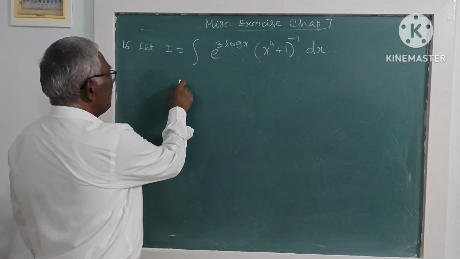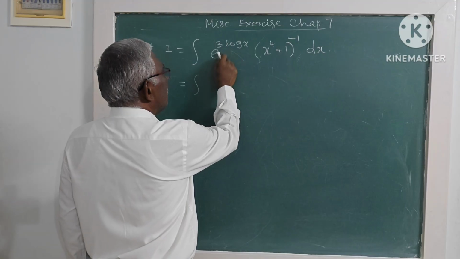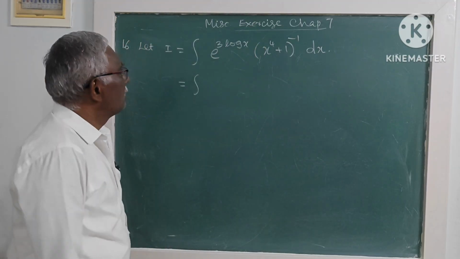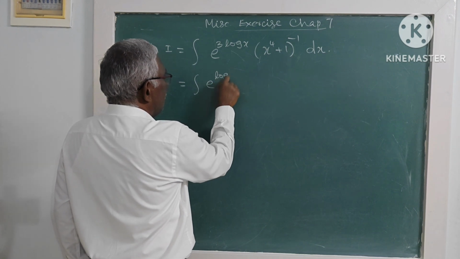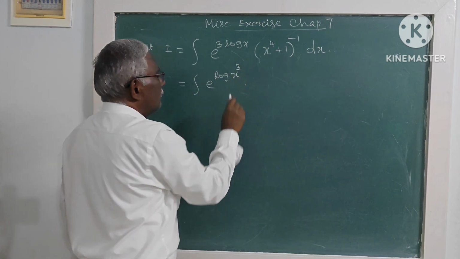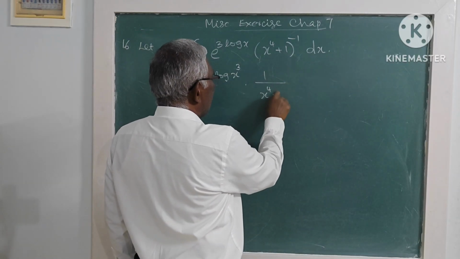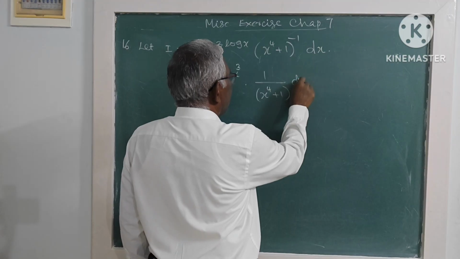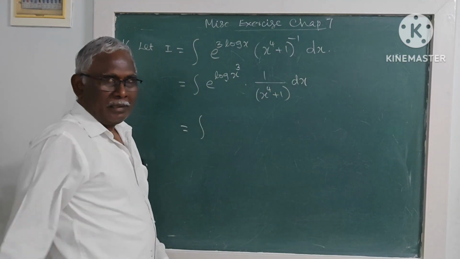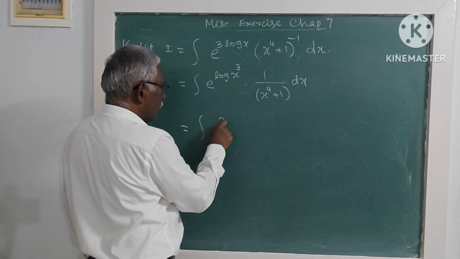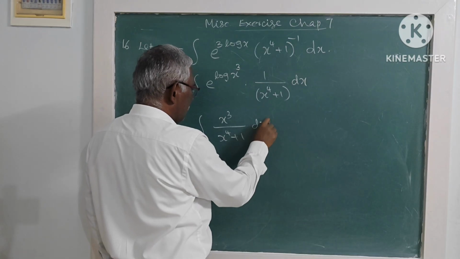So this problem, again 3 log x we can write as e power log x power 3. Here we can write this as integral 1 over x power 4 plus 1 dx. e power log x is x, so this is nothing but x cube by x power 4 plus 1 dx.